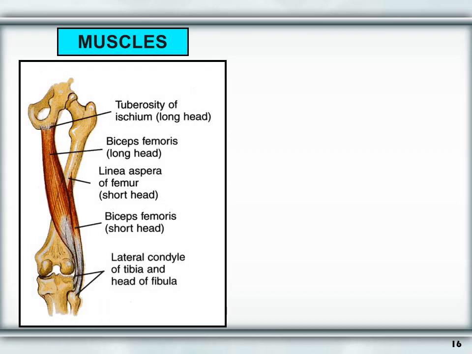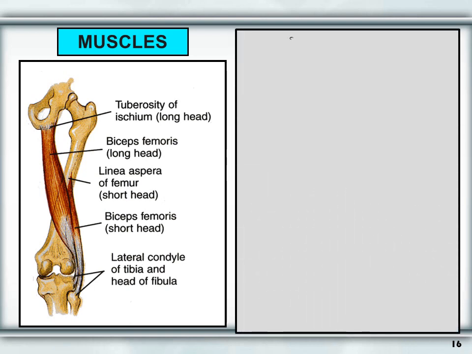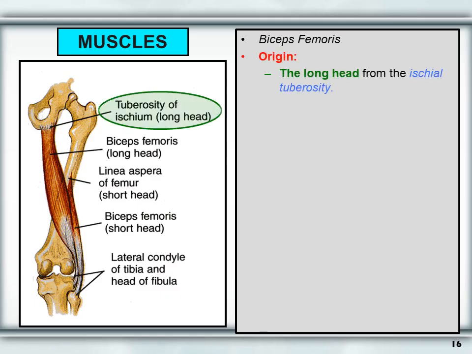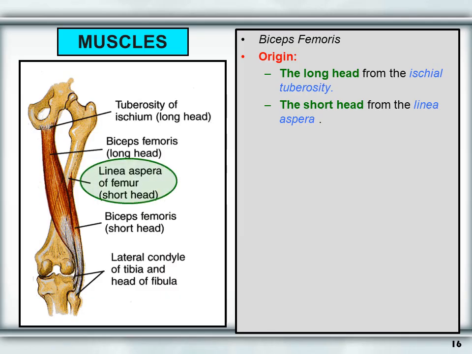Now we will learn about the origins of these muscles, first the biceps femoris. The biceps femoris has two heads, the long head and the short head.